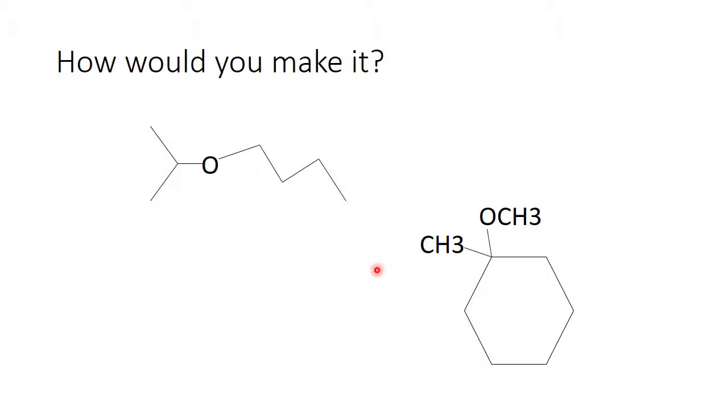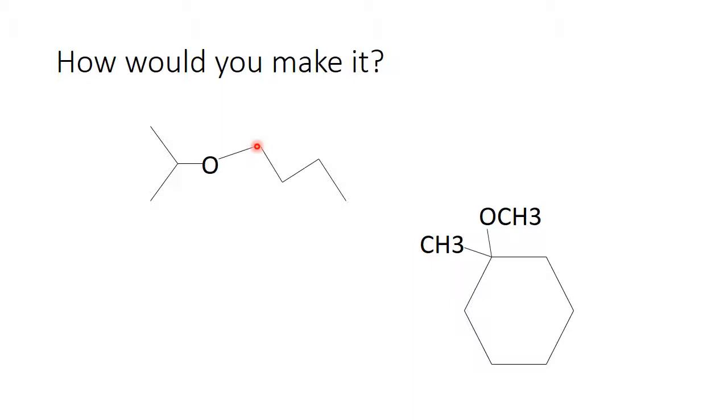So now you see these two ethers. How can you form these? By the Williamson ether synthesis. Well, to figure out this first one, what you do is you go and you look at this side, and you see that the oxygen in the ether is connected to a secondary carbon here. Then we look at this side, and we see that this carbon attached to the oxygen in the ether is primary.